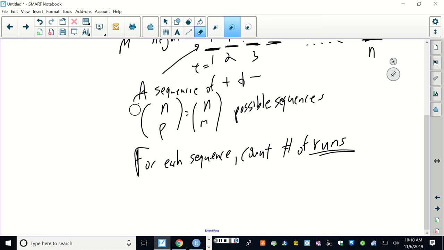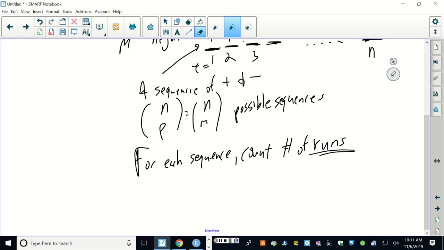So a run is a string of positives together or negatives together. So you go positive, that's one run, and then it becomes negative, and that starts the second run. It goes for a while, and then a positive, another one, even a run of one, and that's another run, and so on. So you count the number.